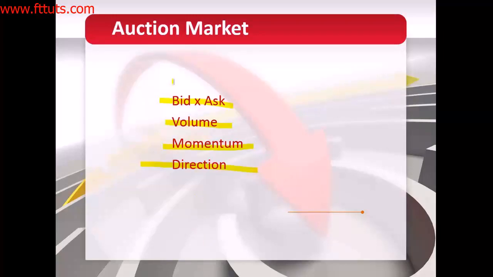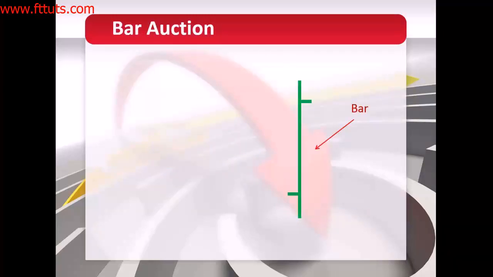So these are some of the key concepts that I'm introducing early. I want you to keep them in the back of your mind, because we are going to tackle them throughout our lessons in this course. All right, anytime we are looking at a single bar or a candlestick, and we will look at both, there are some very important pieces of information that we can garner about the auction.